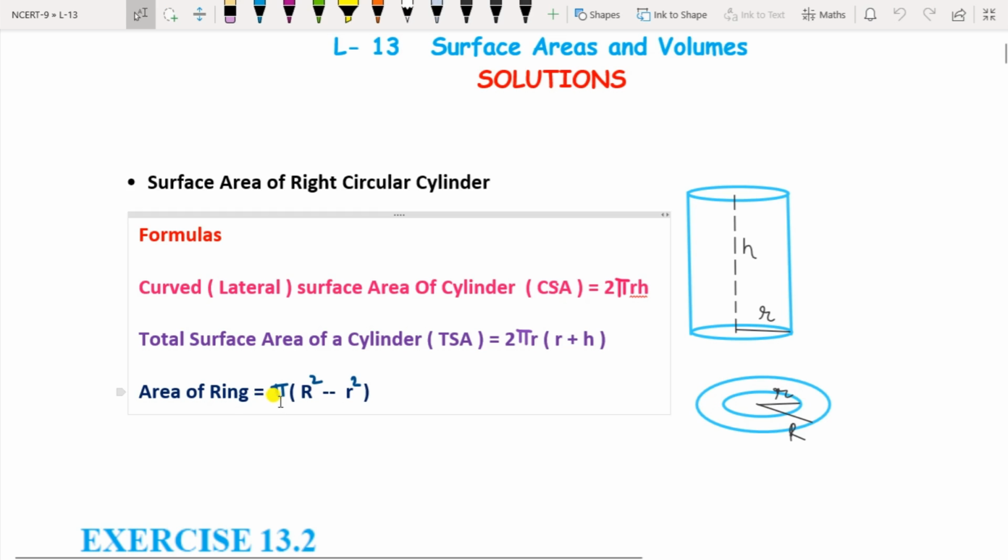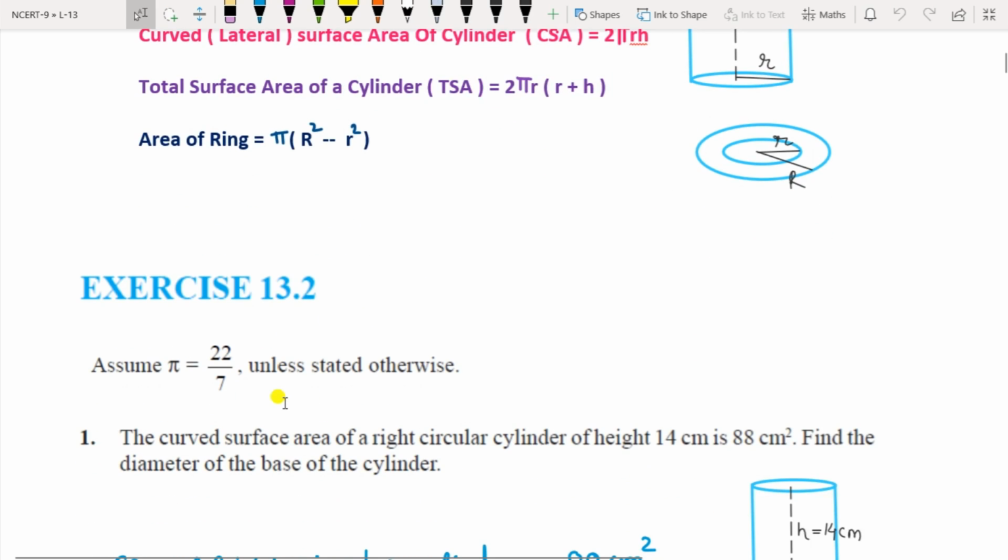That will be pi (R square minus r square): square of the bigger radius minus square of the smaller radius, multiplied by pi. The value of pi you have to use as 22/7 unless it is stated that you have to use 3.14. Okay, let us start with exercise 13.2.